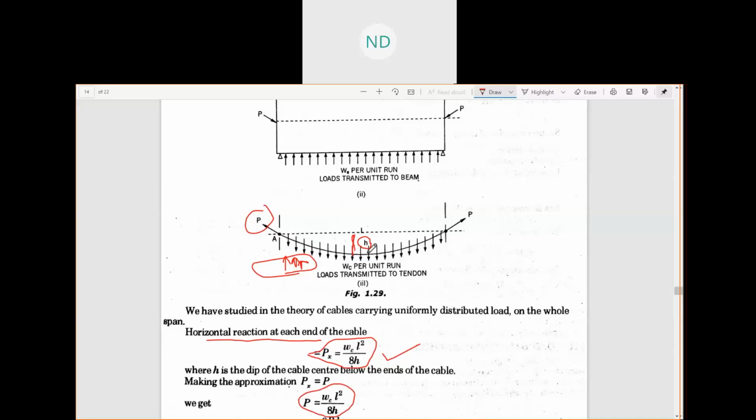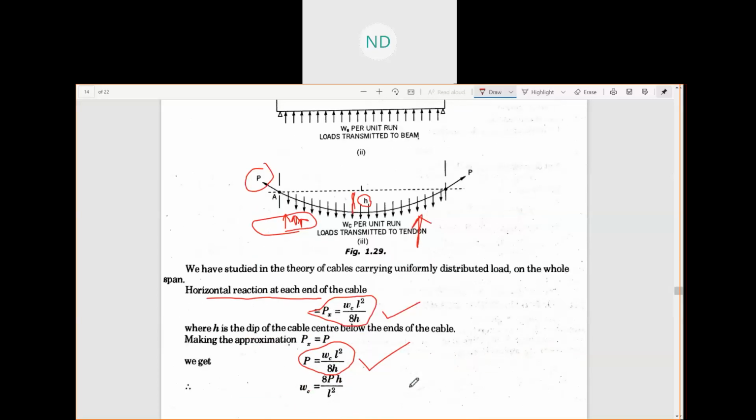Whenever we have a parabolic profile, your upward thrust, which the tendon will be providing to the downward loads, you are going to calculate by WL square by 8h. From this equation you can find out your W, when you don't know your Wc. Wc was the upward thrust which your parabolic profile is going to provide to the downward loads.